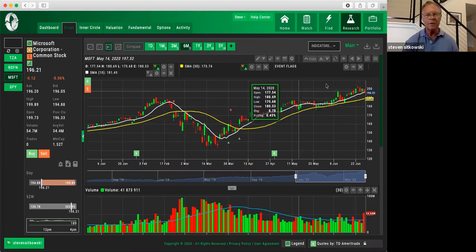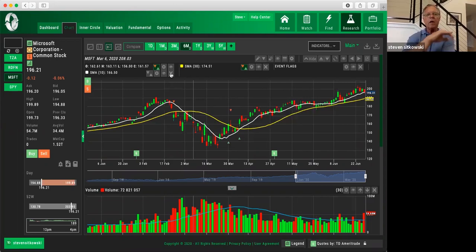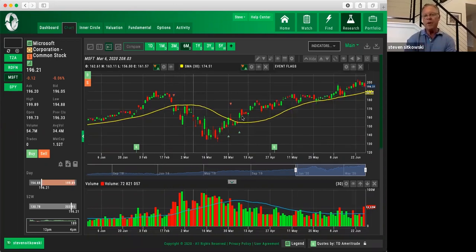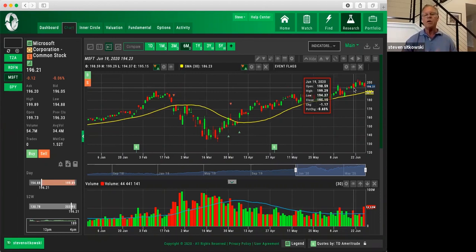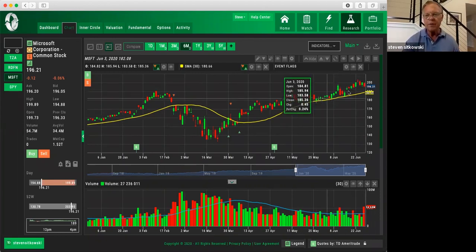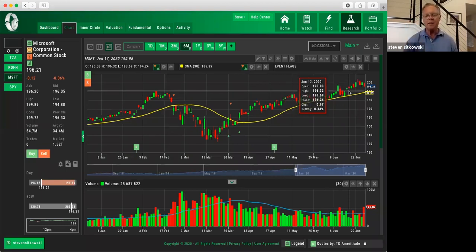Now, if that feels a little too complicated, another approach would be, all right, I'm going to stay in this trade until the stock closes below the 30. That's my confirmation that we are no longer bullish. I'll get out at that point. You can see we came close right through here, didn't we? And that 30-day acted as a line of support.